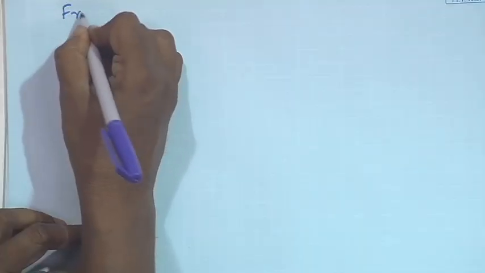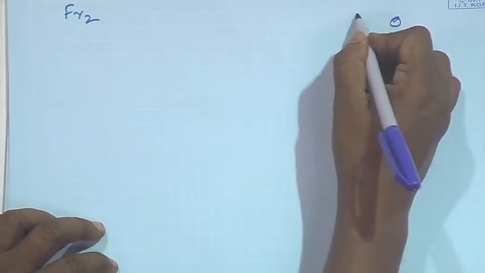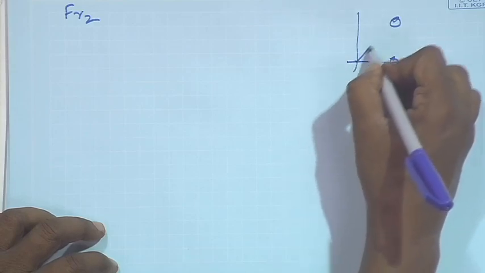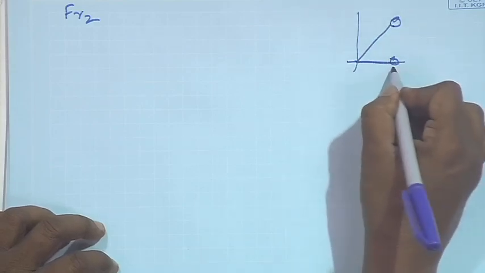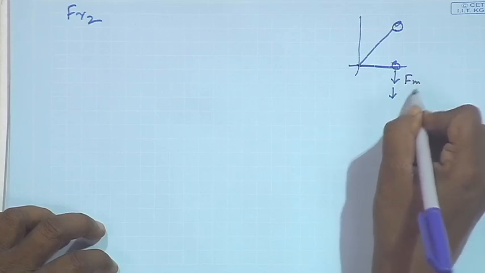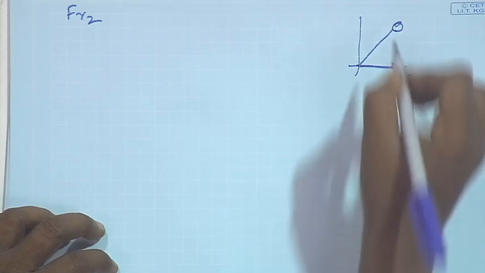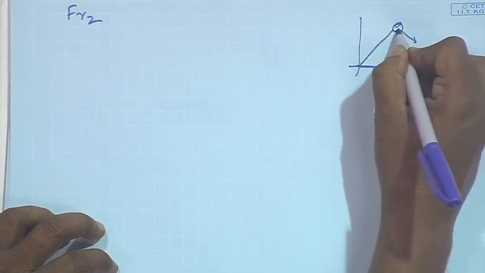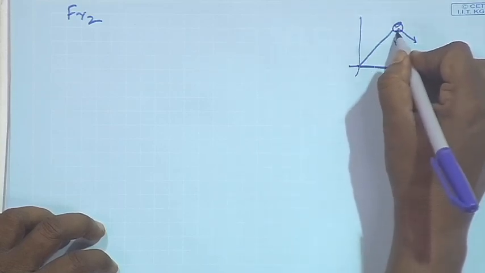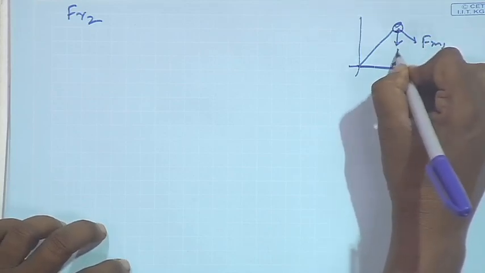Now again Fr2, because we do not know whether bolt 1 or bolt 2 will be maximum. Here Fm and Fa are adding in a vector form, meaning in a resultant it will be Fm1 and Fa.